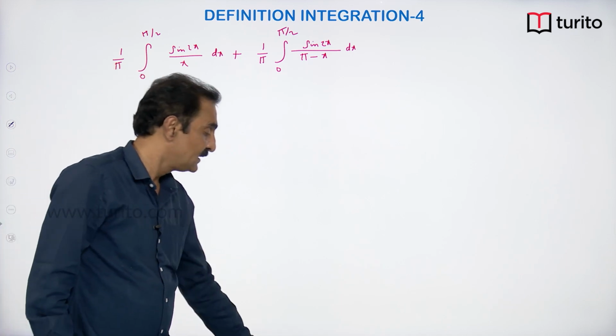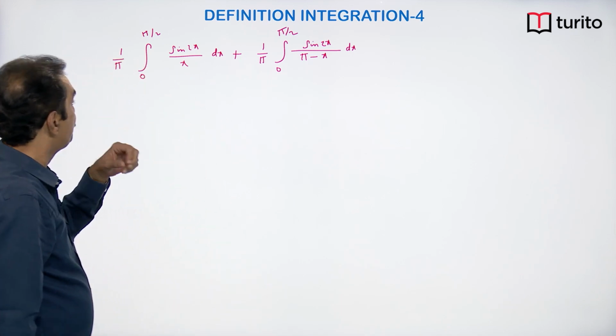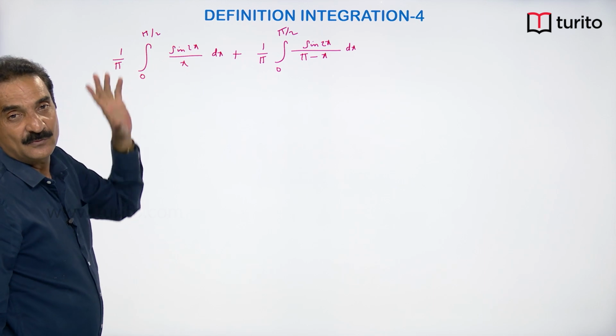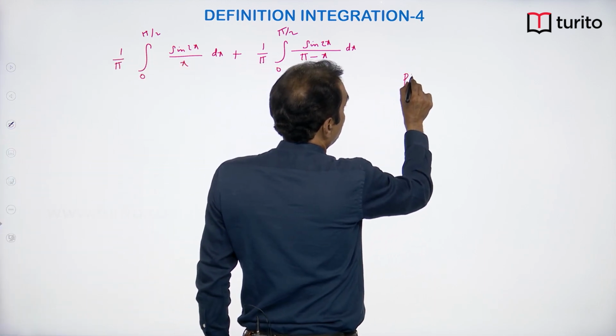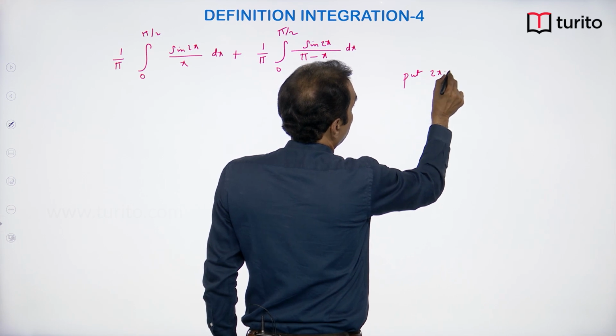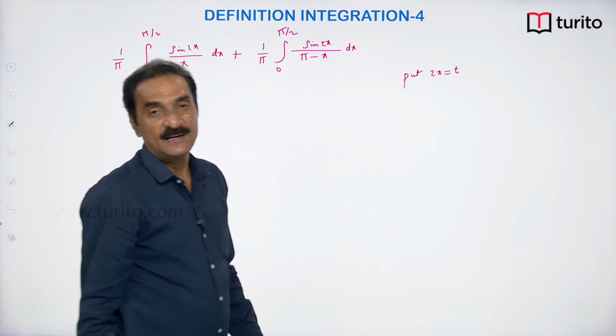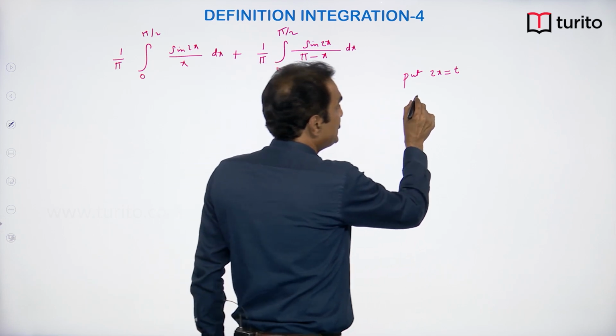Okay. Now put 2x is equal to t. Then 2 dx is equal to dt.